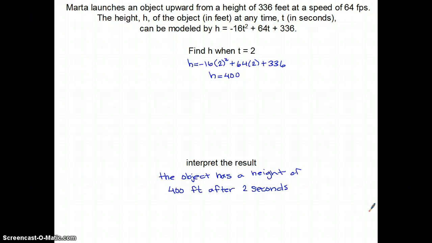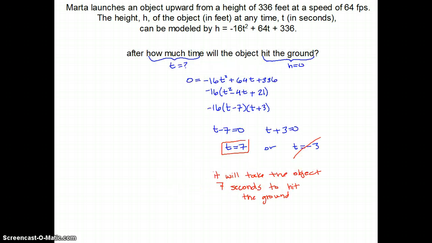Plugging in a 2 for t, I obtained an h of 400, and interpreting this result, I said the object was at a height of 400 when the time was 2 seconds, or after 2 seconds. Next, the time when the object hit the ground meant that I plug in an h value of 0, and I try and find t by factoring.